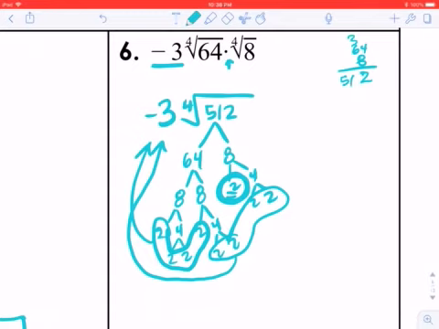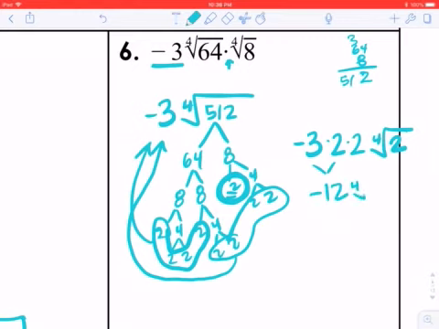So I had a -3 times one squad of 2's and another squad of 2's. And then I have my fourth root of that one that's left over, 2. So I have -3 times 2 is -6, times 2 is -12, fourth root of 2. That is my answer for number 6.